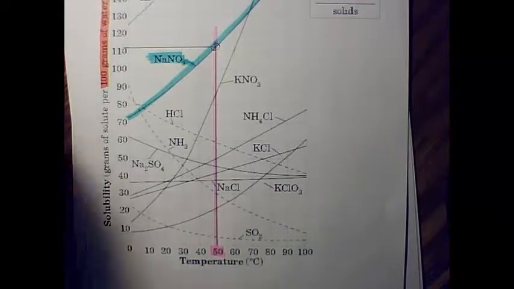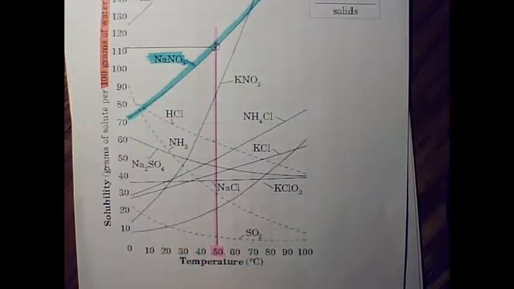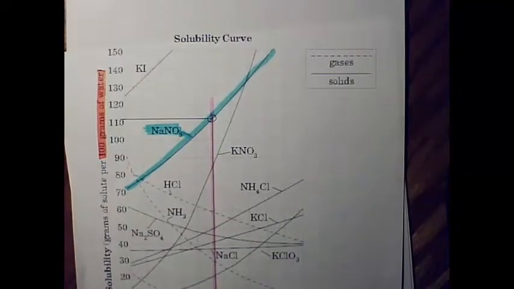If the maximum amount of ammonium chloride that can be dissolved in 100 grams of water is 72 grams, what's the temperature of that water? Use this same graph or solubility curve to answer this question.